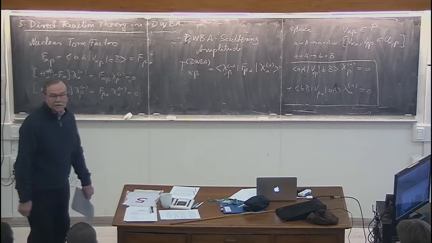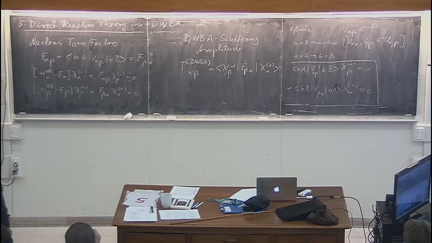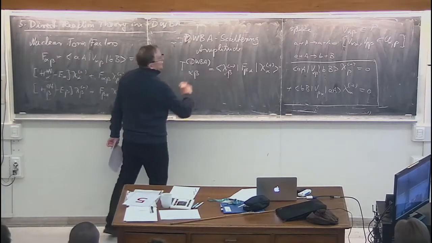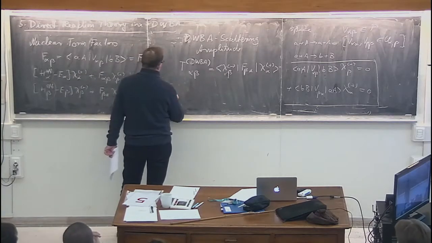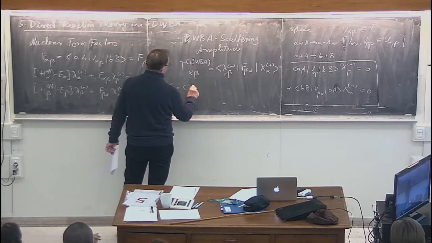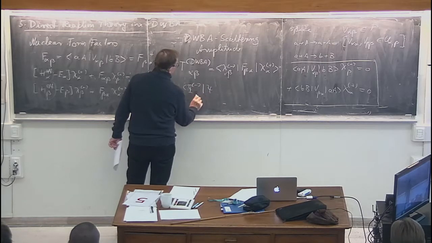The answer was already given by Mott and Massey in the 30s. They showed that these expressions are coming actually from this S matrix definition, that the S matrix is defined like this.